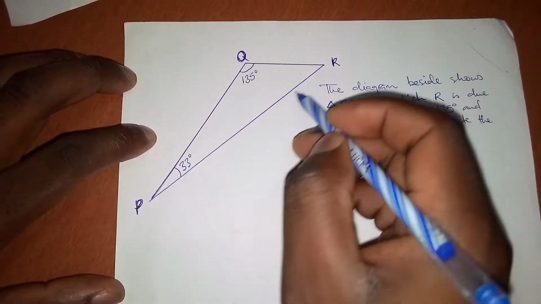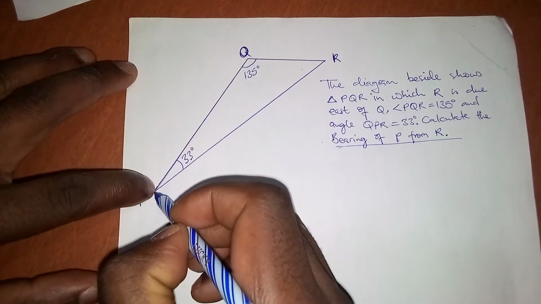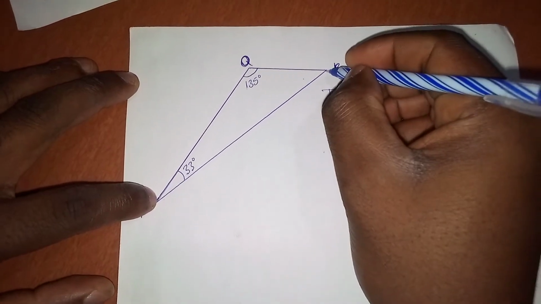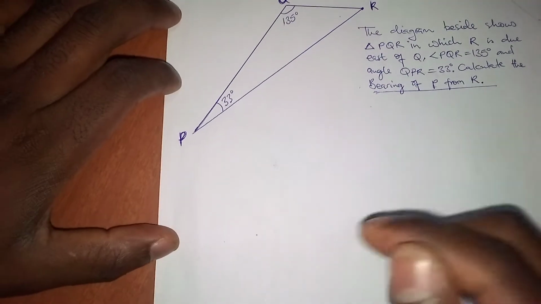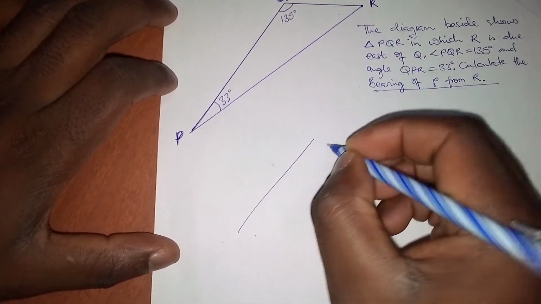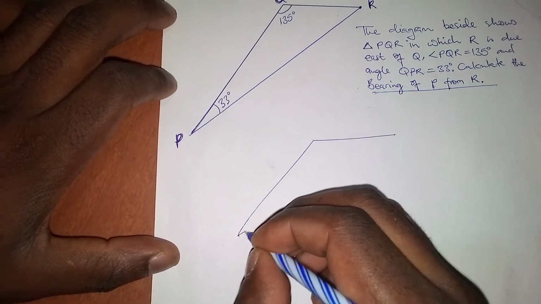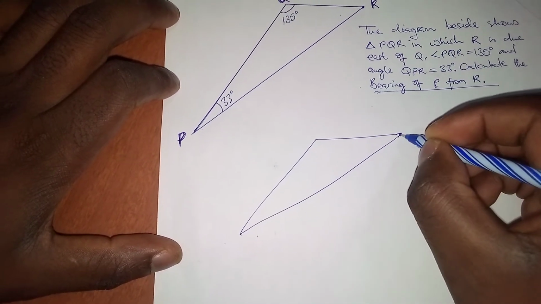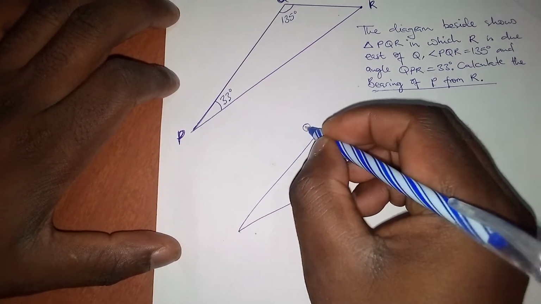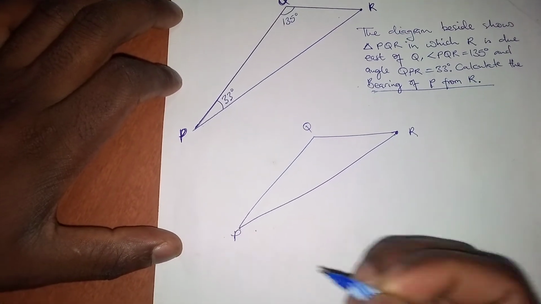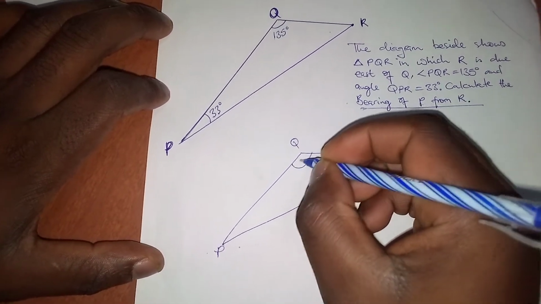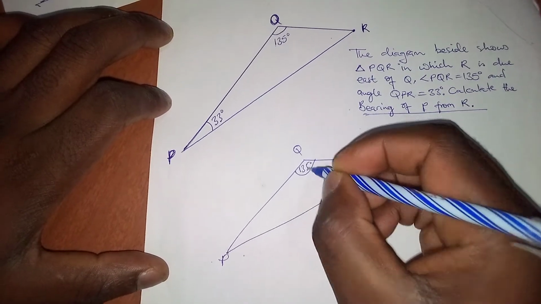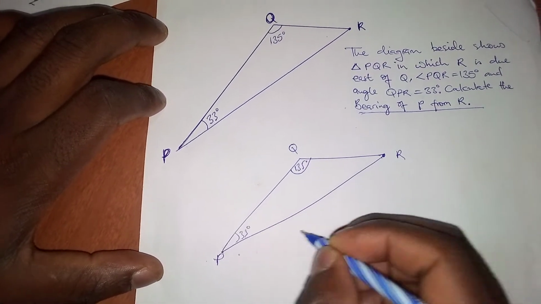This is the line from R going to P, and our point R is right here. We have R here, Q there, and P. The angle here has been given as 135 degrees, and this one is 33 degrees.